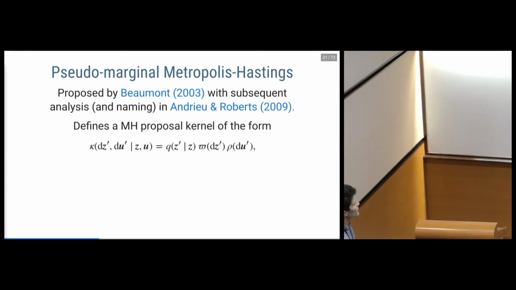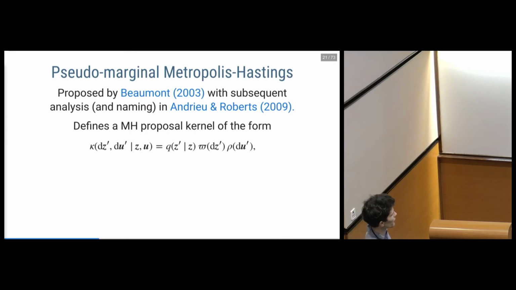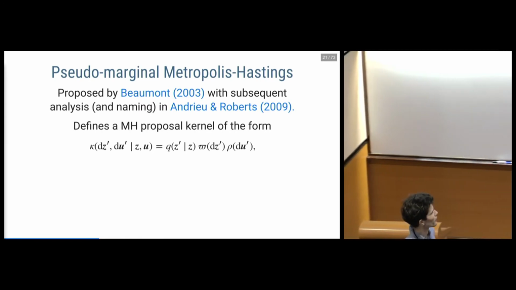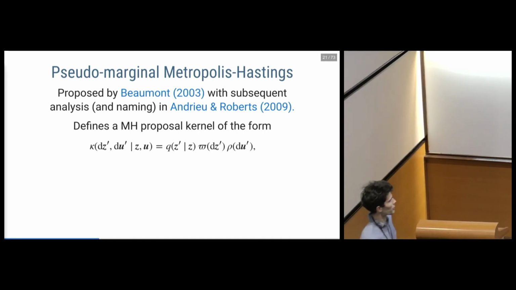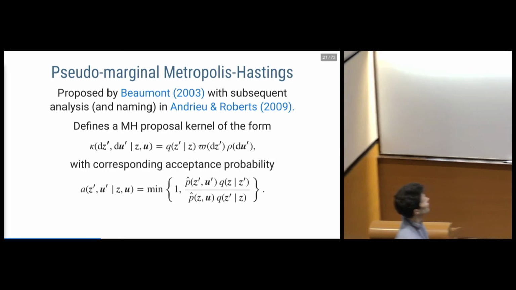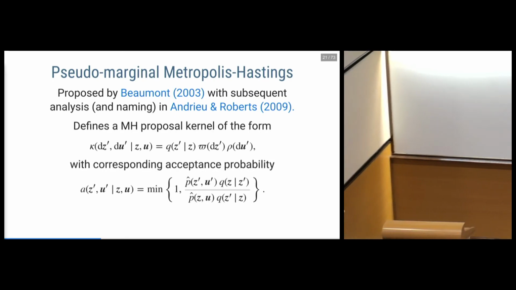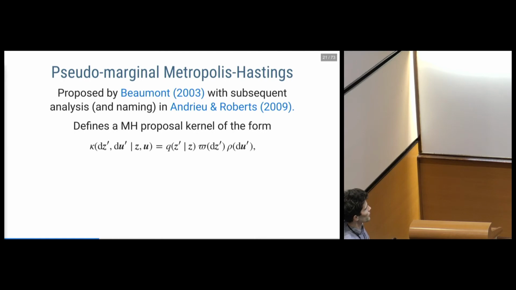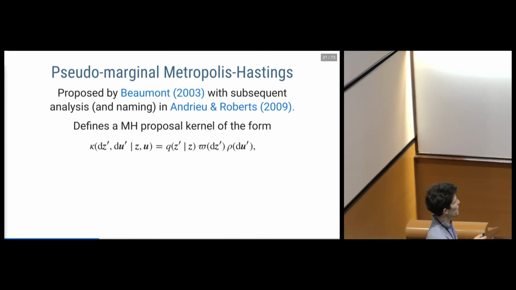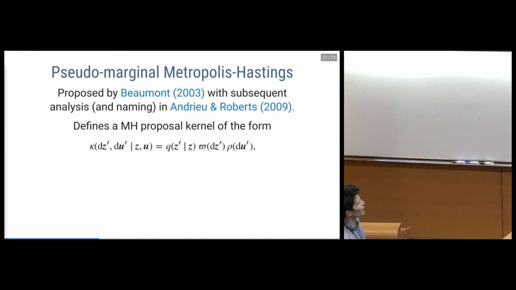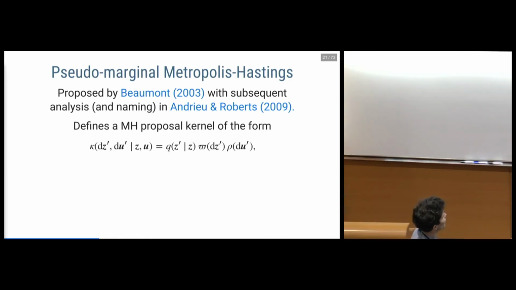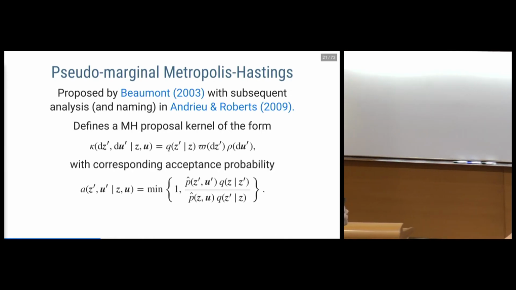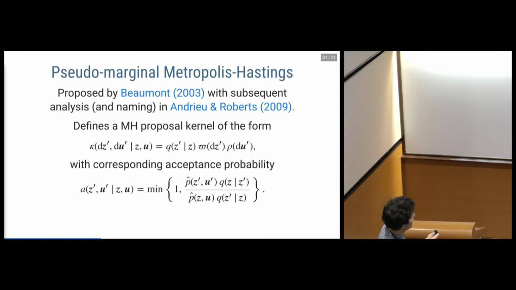So the key idea is we're going to define a proposal kernel with a very particular structure such that we get fortuitous cancellations in the acceptance probability, which remove the parts of the problem that we're not able to evaluate. We define the Markov kernel such that we sample the z variables using some perturbative proposal, but additionally, we also resample all the auxiliary variables which go into the density estimator independently from their marginal distribution rho.